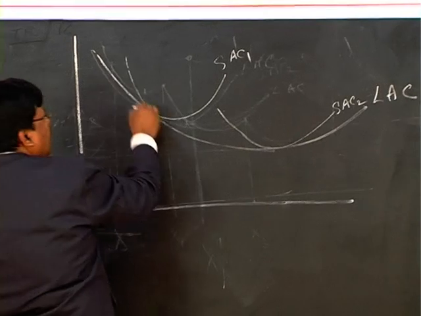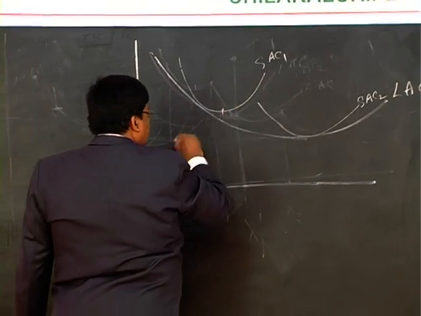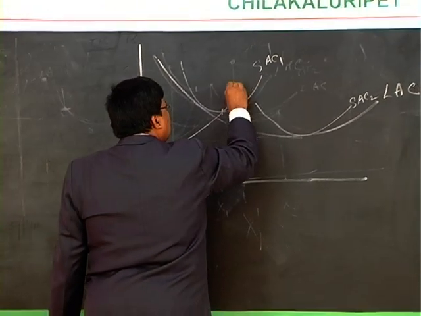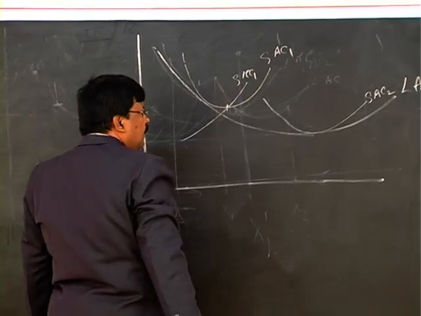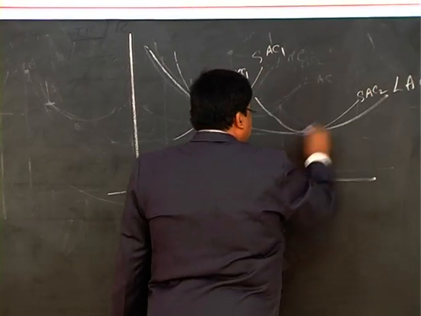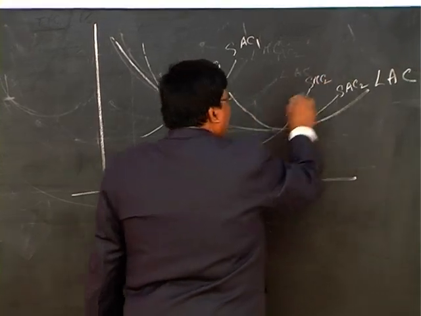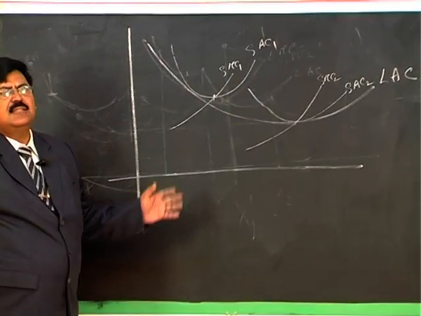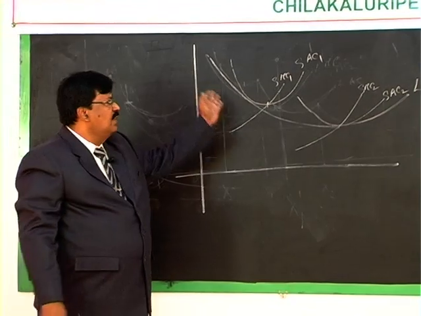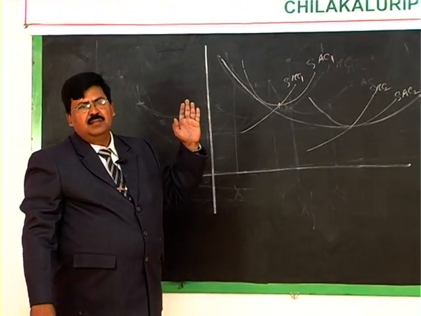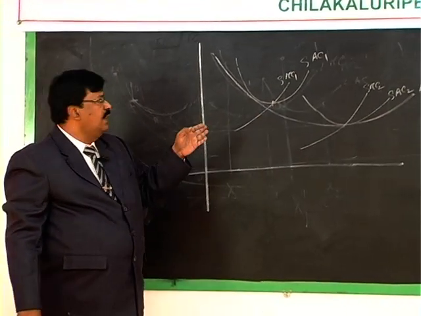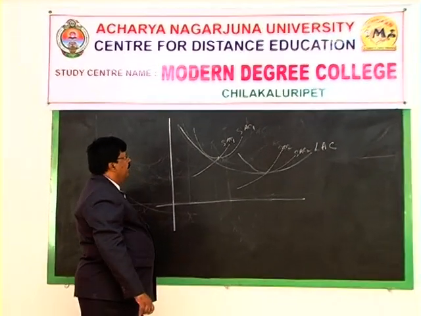So this is a short-run average cost, and this is short-run marginal cost 1. And this is SAC 2, and this is SMC 2. And this is LAC. LAC is an envelope curve. It envelopes all the short-term situations, planning curve or envelope curve.